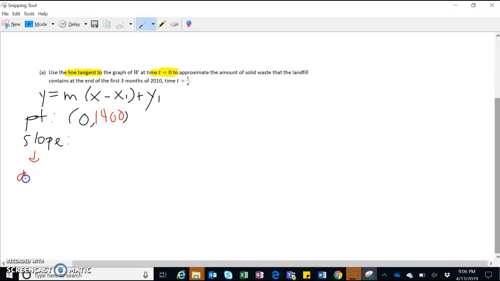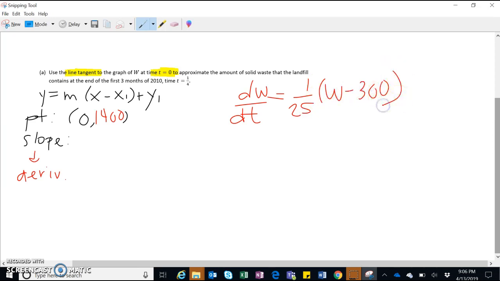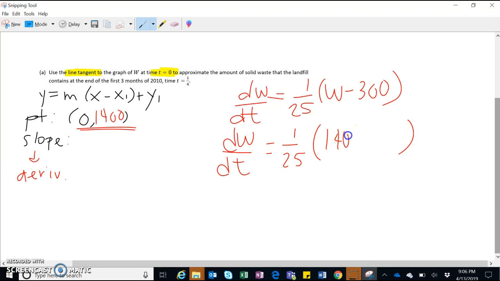And a slope I know is a derivative, which shouldn't be too difficult because they gave me that derivative, if I'm remembering correctly. dW/dt is 1/25 times W minus 300. So if I want my slope at this point of tangency, I just need to use my derivative formula to identify that slope value. So dW/dt is going to equal 1 over 25 times my current tons of waste, 1,400, minus 300.